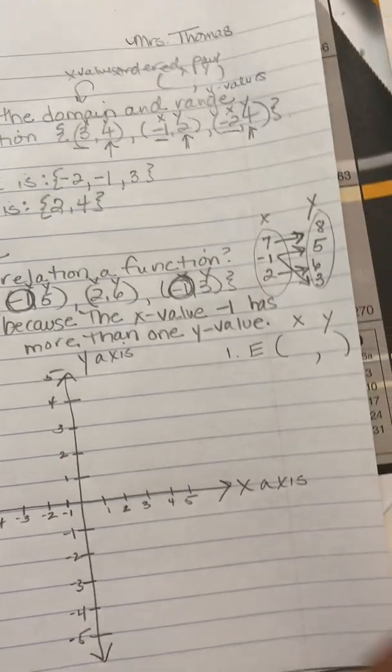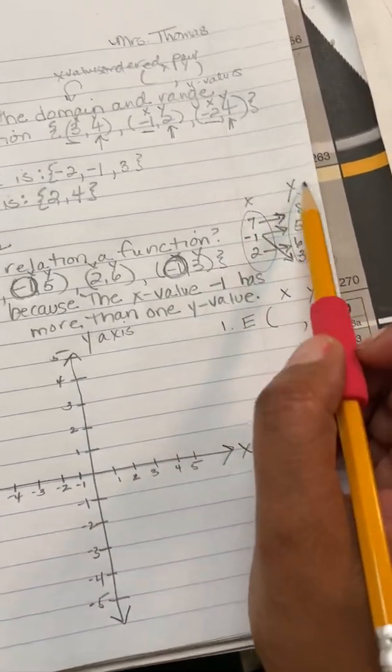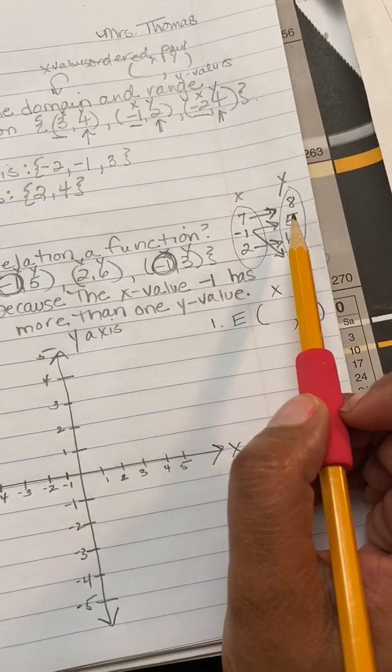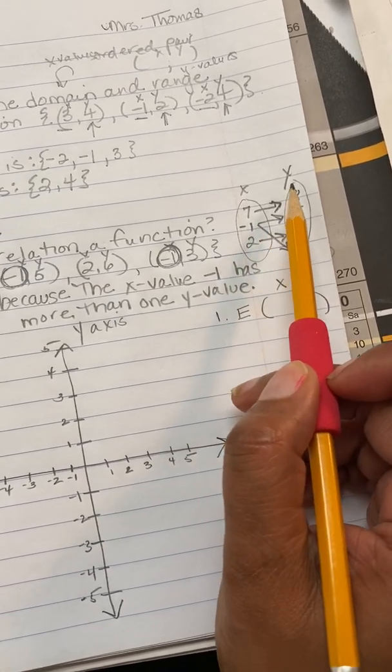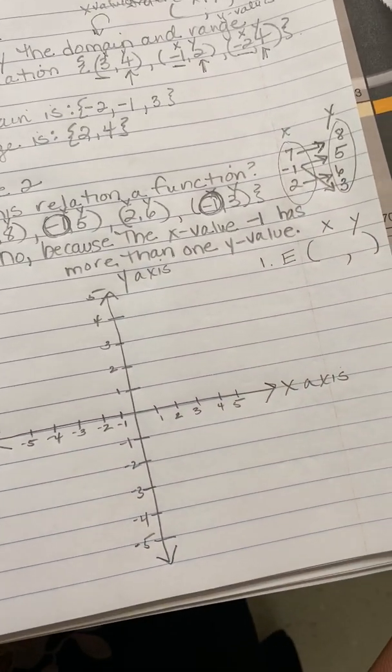Also, I want you to understand that it is okay to have the same number in the y values, but you cannot have the x going to 2 different values on the y side.